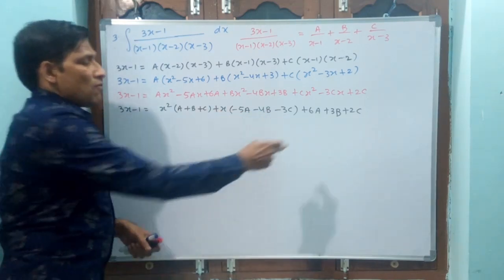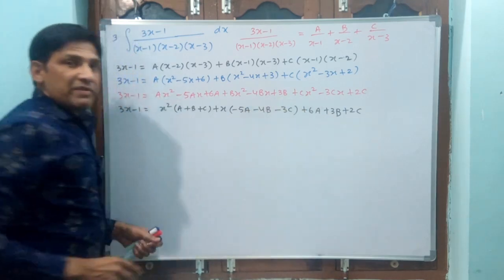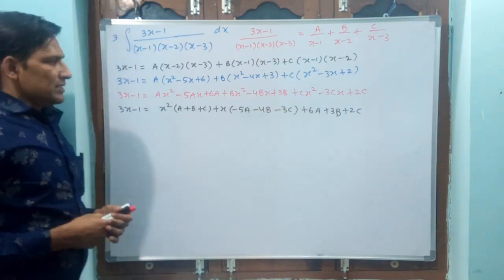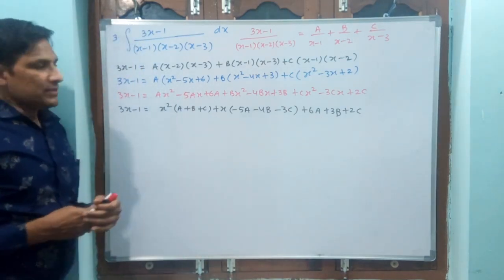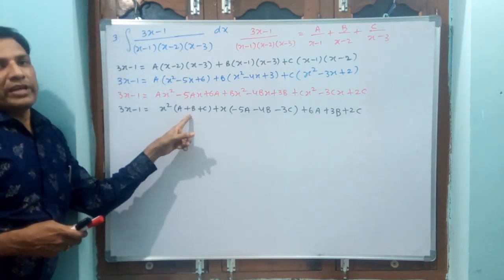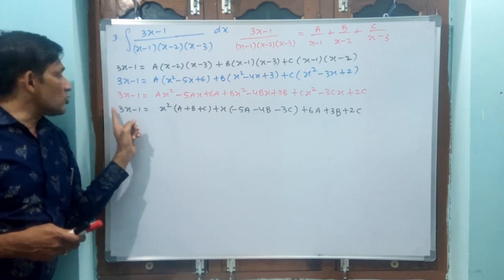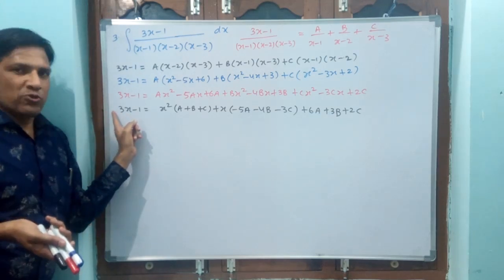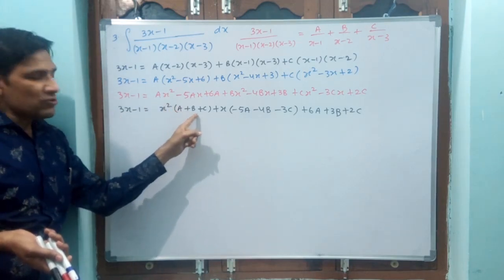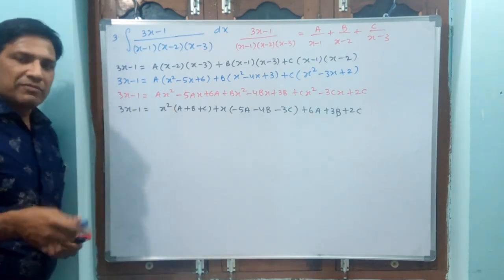See, for solving 3 variables you require 3 equations. If you take only these 2 equations, you are not going to get any result. This equation also you have to take. The x square coefficient is not there, or else you can take the x square coefficient as 0, right? Then you make it equal to 0: a plus b plus c is equal to 0. That will be one equation.